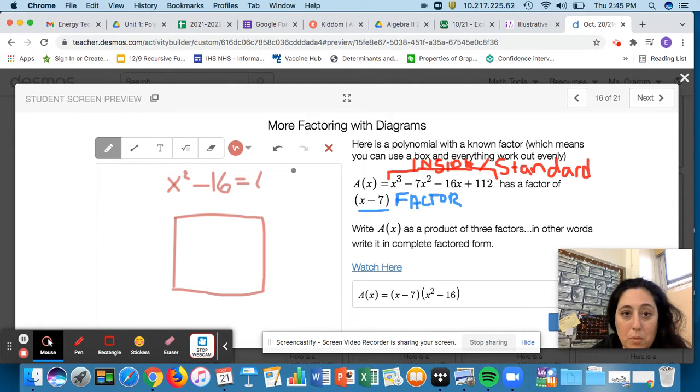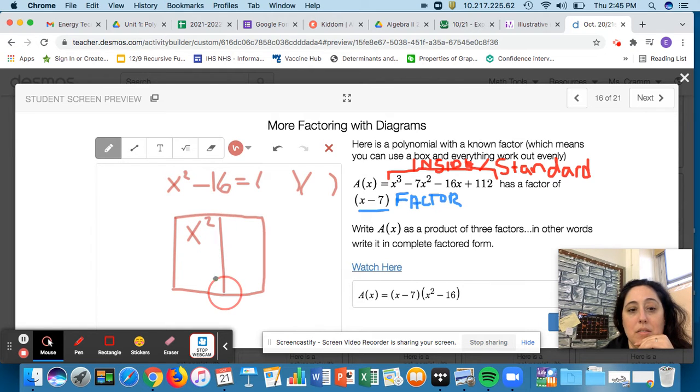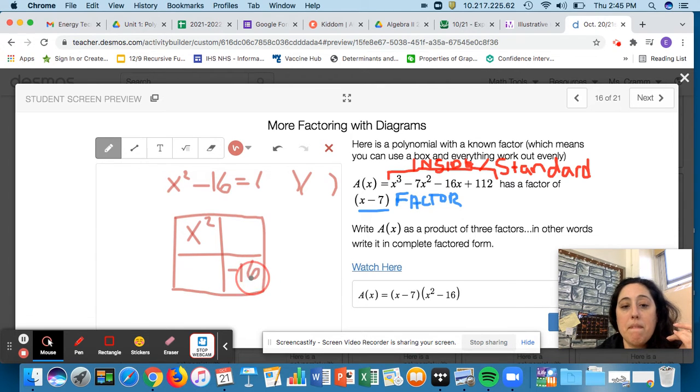Right, so eventually it will be 2 parentheses. So this is my new standard form, right? Even though you guys know it's cubic, we're pretending for a minute. So that means it would go inside of this box. All right, so my first term would be in the top left. My last term, the number that has no variable, would go here, negative 16. Cool.